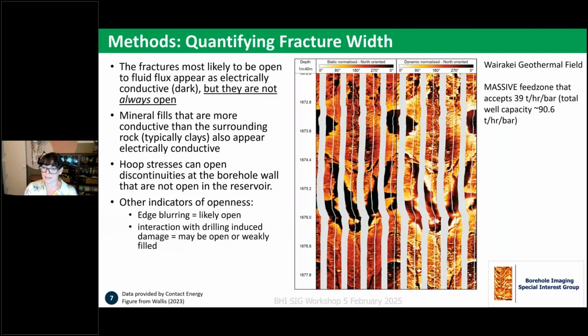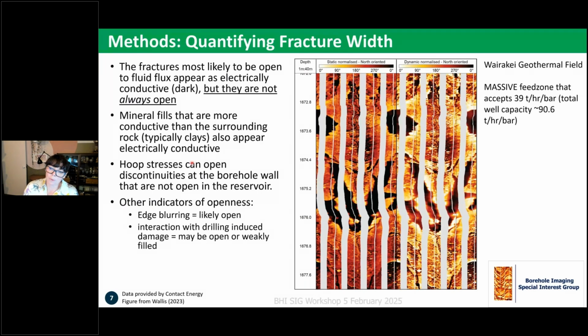And these conductive fractures really are open. And part of the indicators of that being open, they have this like edge blurring effect. The fractures often interact with drilling-induced damage, so you get tensile fractures that hook into them, this whole path of least resistance through the rock of any breakage. And also in this case, the reservoir engineering data shows that there's fluid flux in and out of this zone.